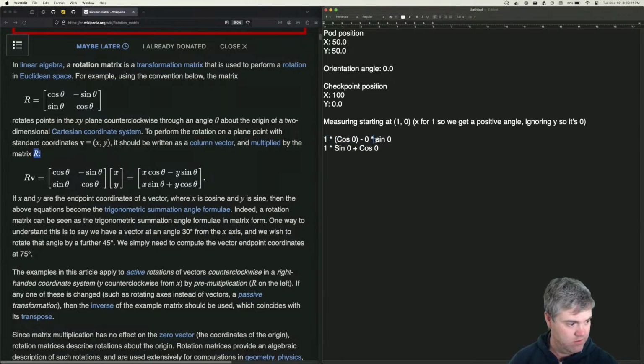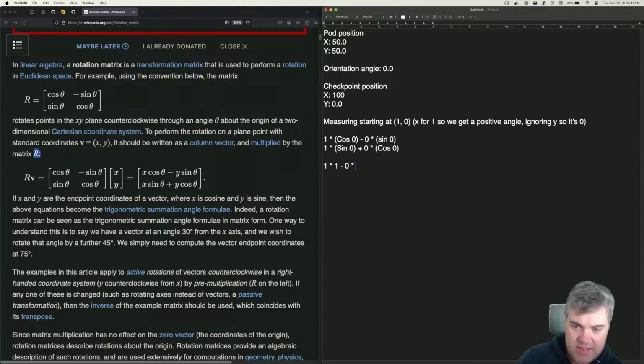Minus 0. Okay, yeah. So I'm breaking out one part at a time, right? So plus y, that's 0 times that, essentially, is what we then get. And then that is obviously going to become 1 times 1 minus 0 times sine of 0. What's sine of 0?